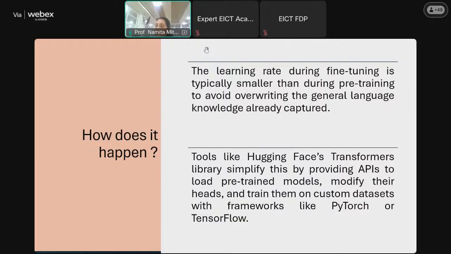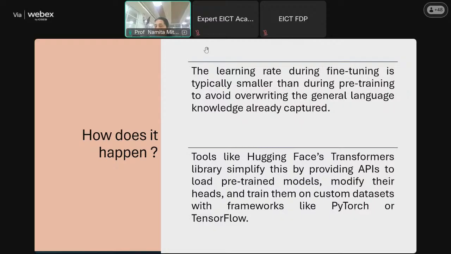Now the question is, how do we get the earlier model? That is given in the literature, or we can go and check the code of that model which is already trained. You must have heard the name Hugging Face Transformers. These are available.